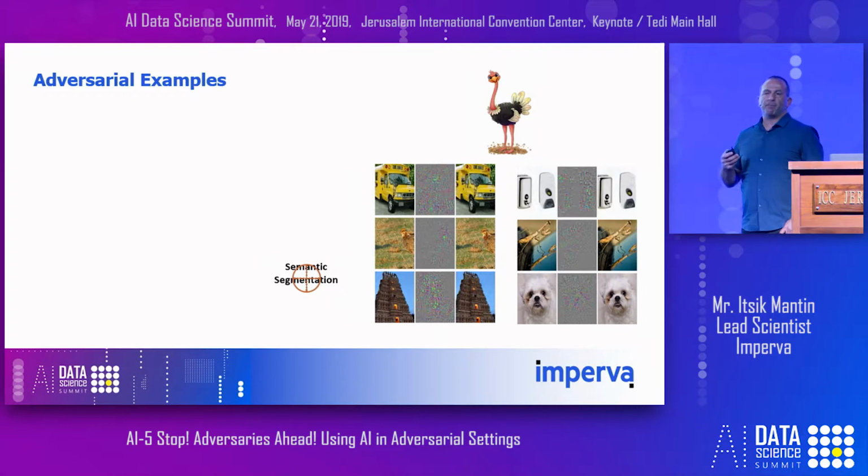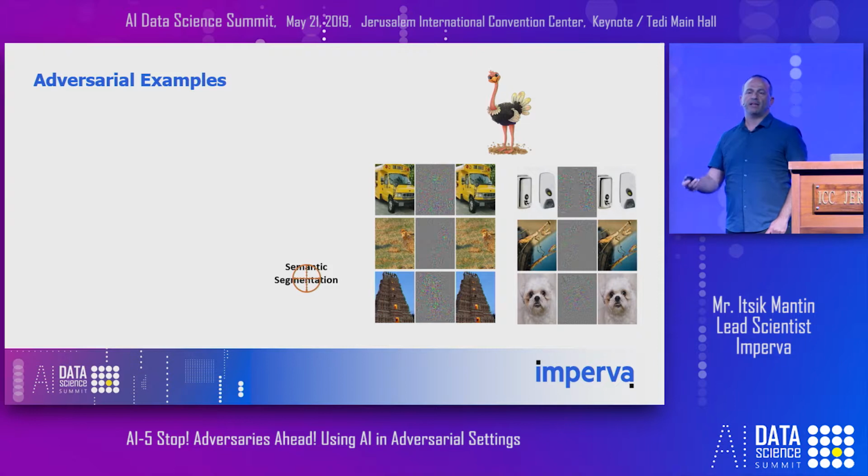The first examples, and probably the most famous examples of adversarial examples, were presented by Google in 2015. They took images of a panda, and added some human-invisible noise to it, and then the visual object recognition classified this as a gibbon.